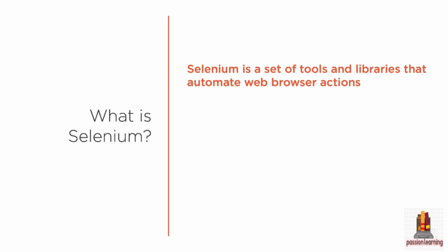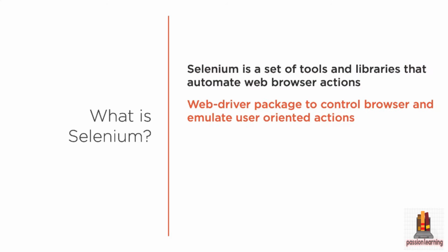Selenium is a set of tools and libraries that automate web browser actions. That is what it does. It automates web browsers, and what you do with it is entirely up to you. Selenium uses a WebDriver package that can take control of the browser and emulate user-oriented actions to trigger desired events.